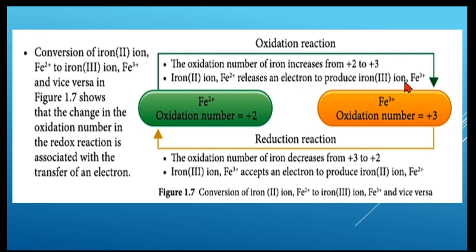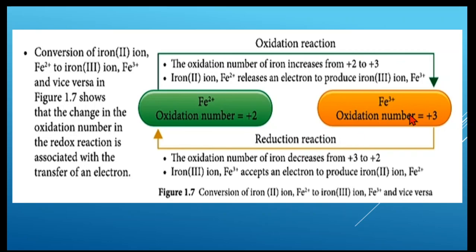So they produce iron 3 ion Fe3 plus. Okay? So this is oxidation reaction. So maksudnya, the conversions of Fe2 plus become Fe3 plus itu adalah oxidation.